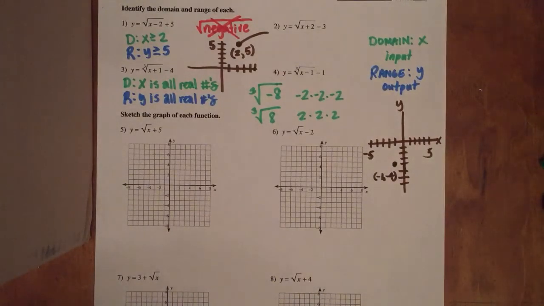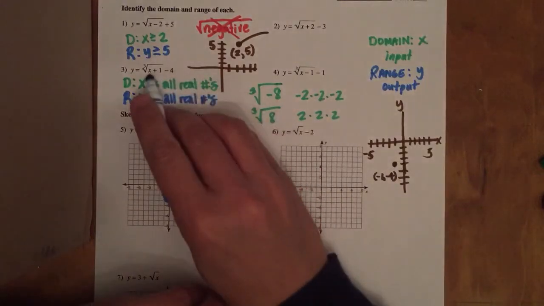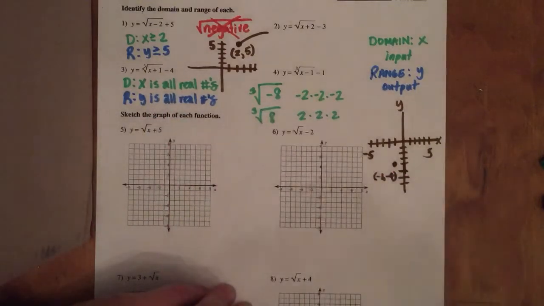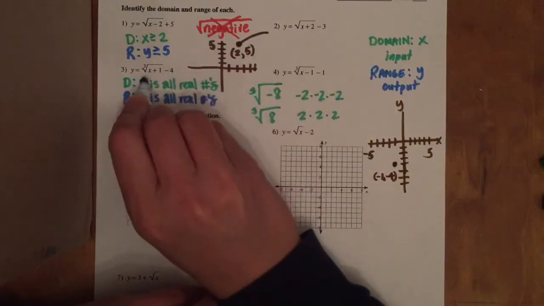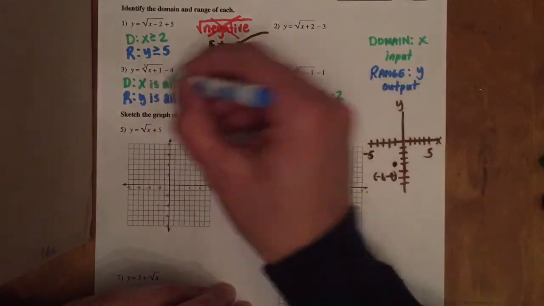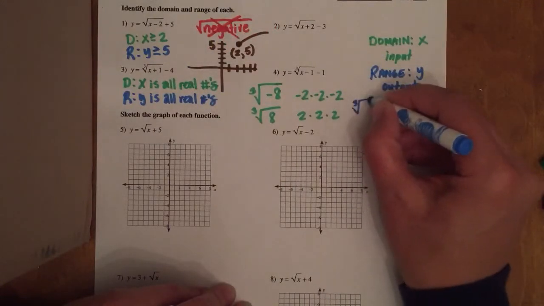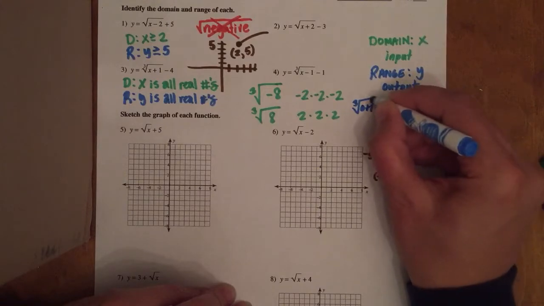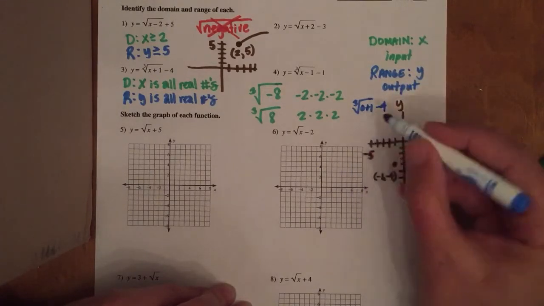So let's look at some points on either side of that now. Let's plug in some values. We have perfect squares, and we also have perfect cubes. The first perfect cube that we have is 1. So I'm going to plug in x equals 0. I have the cube root of 0 plus 1, minus 4. Well, 0 plus 1 is 1.